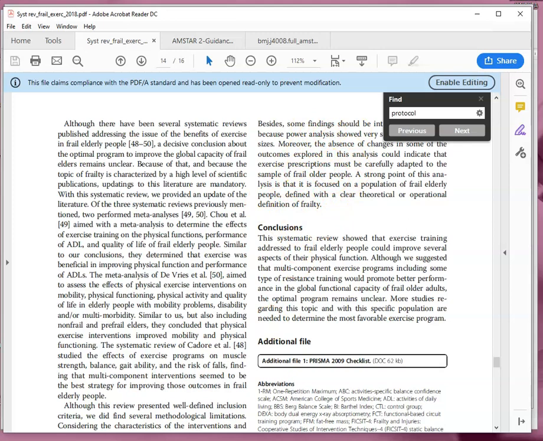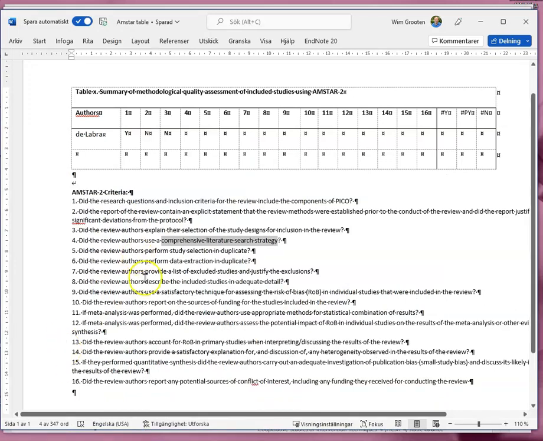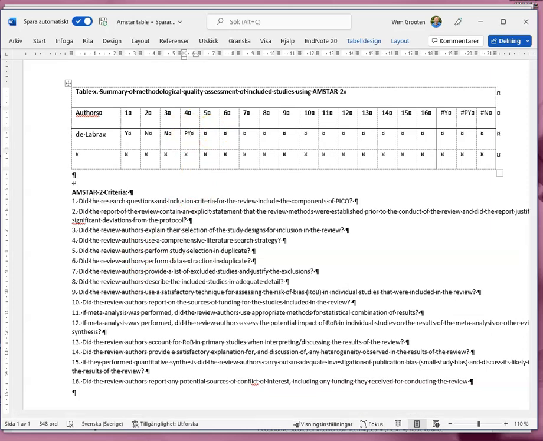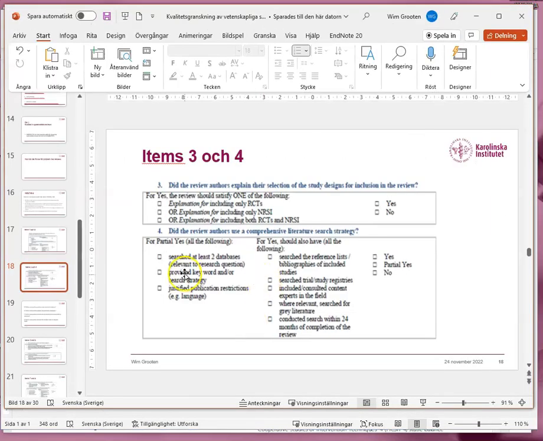No. So I think if I look to this, I give them a partial yes, because they have done quite okay here. 2 databases, they have the keywords, and this one is okay, but they didn't tell anything about this. And if they don't write it, then you should not say that it was okay. So that was a partial yes on this one.